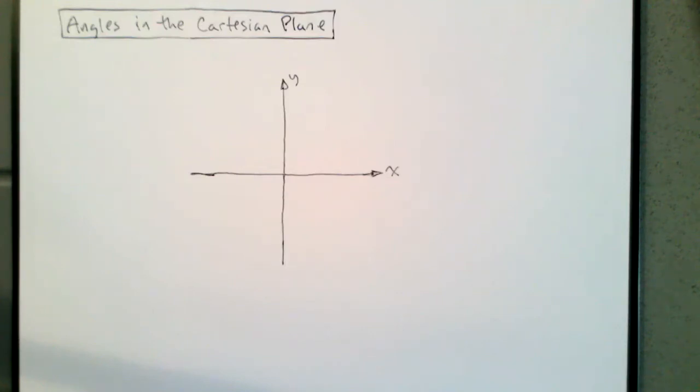If you recall, we talked about angles having an initial side and a terminal side. An angle in standard position has its vertex at the origin and its initial side on the positive x-axis.